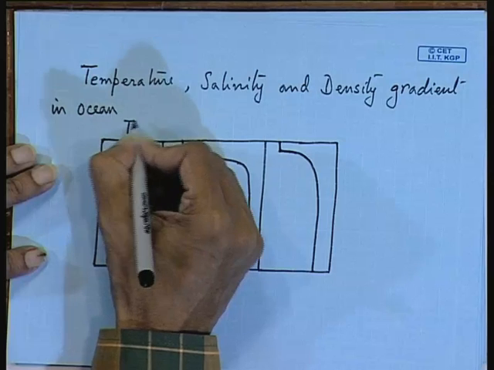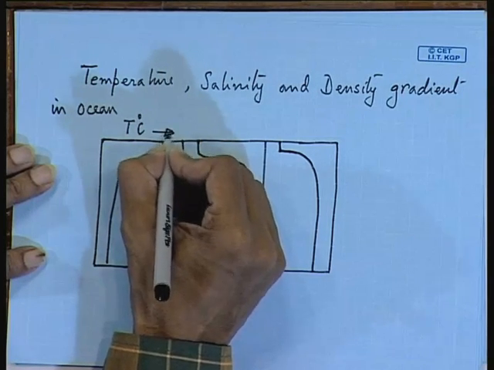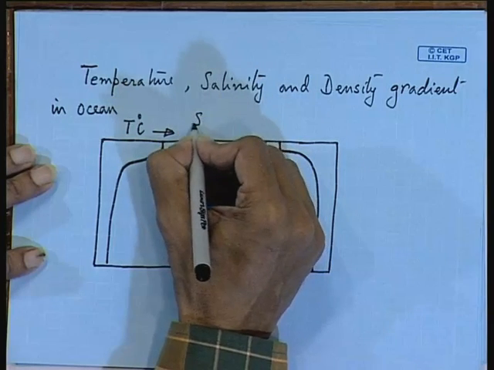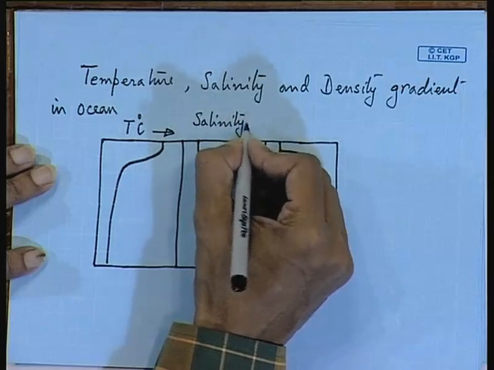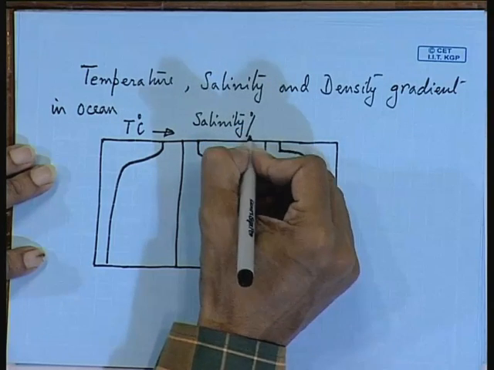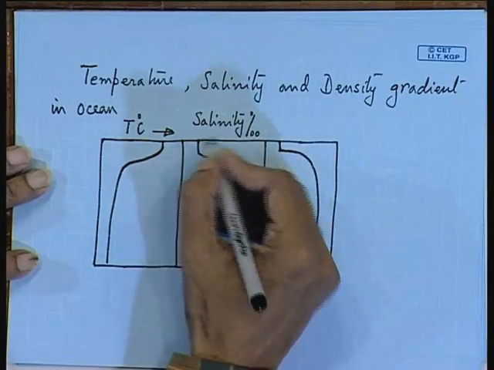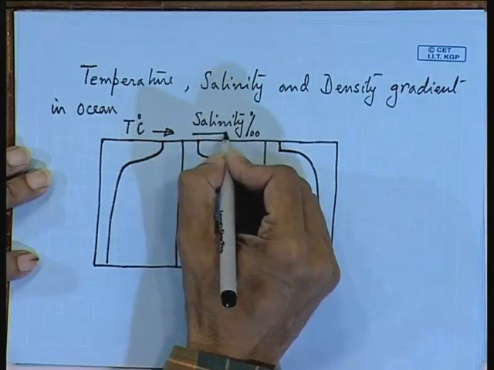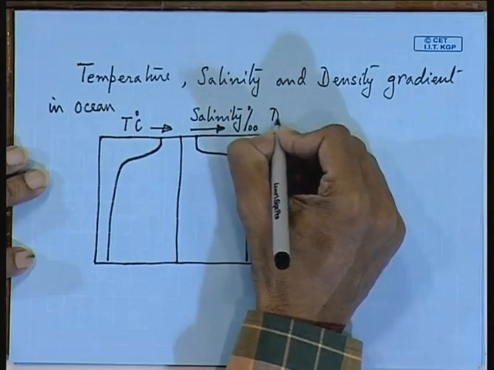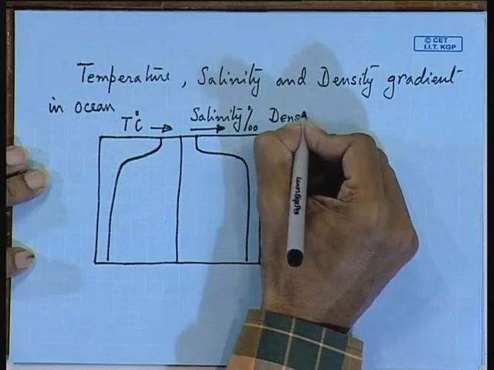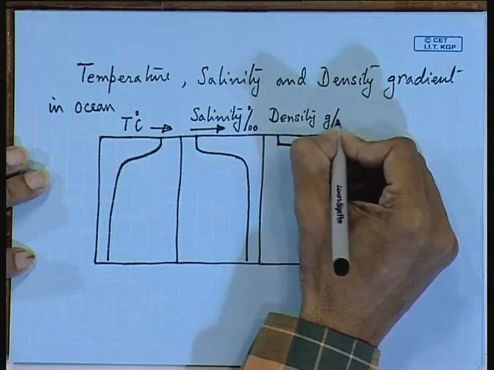Temperature is increasing in this direction. This is centigrade. Salinity is also increasing. Salinity is expressed in parts per thousand. So, you write in this, and the last one is your density gradient, in grams per centimeter cube.